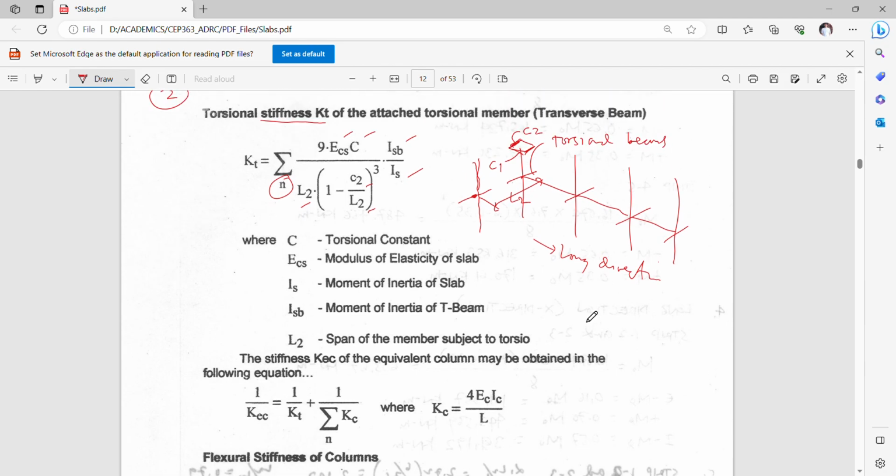Okay, so why do we need the KT then? The KT here will be used in order to solve for the equivalent column stiffness. Because the equivalent column stiffness, KEC, is the one that truly represents the stiffness of each and every lateral frame resisting system.